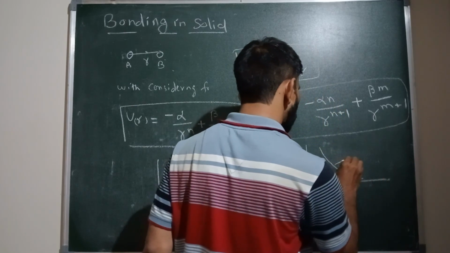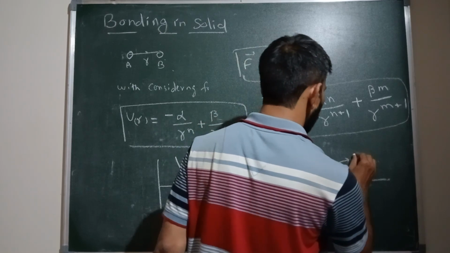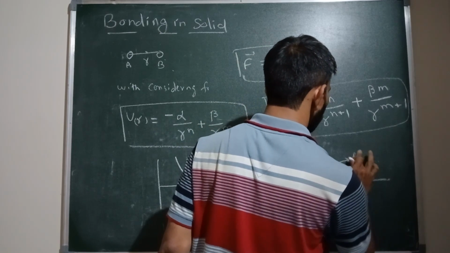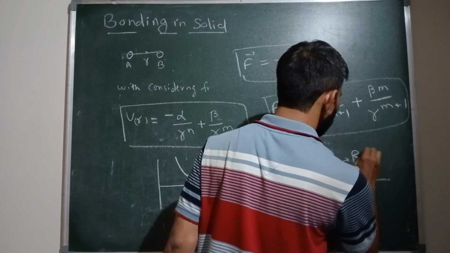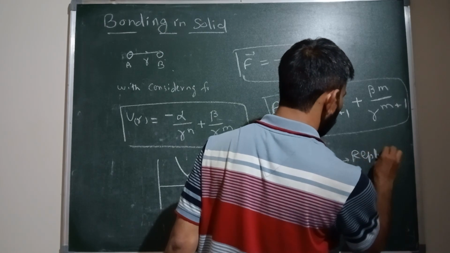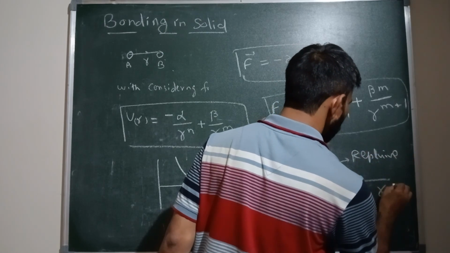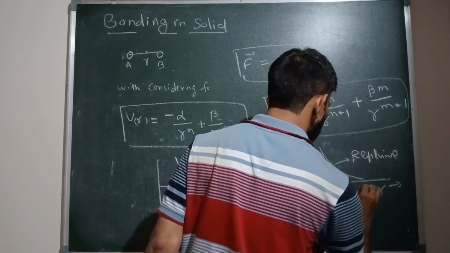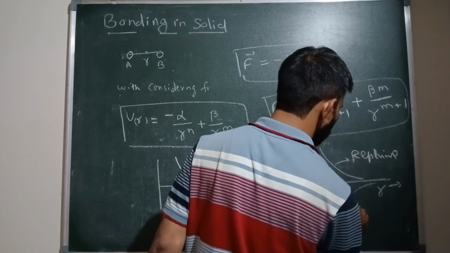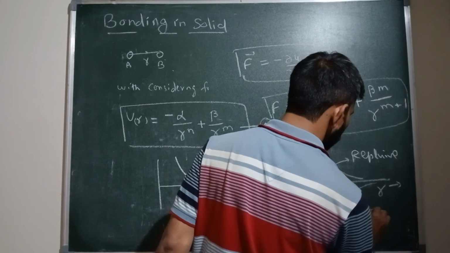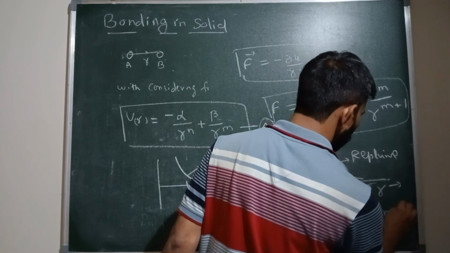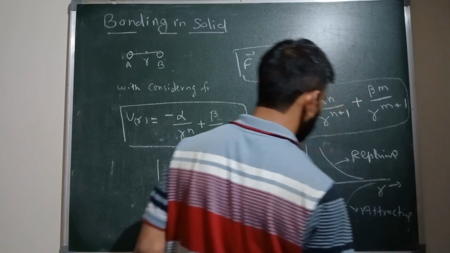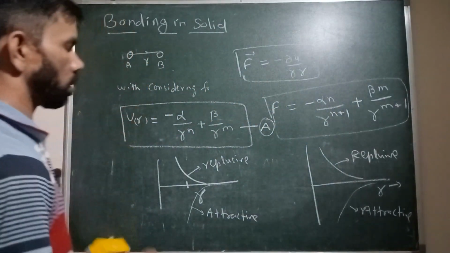This line shows the nature of the repulsive force when R increases, and this line shows the nature of the attractive force among these atoms.